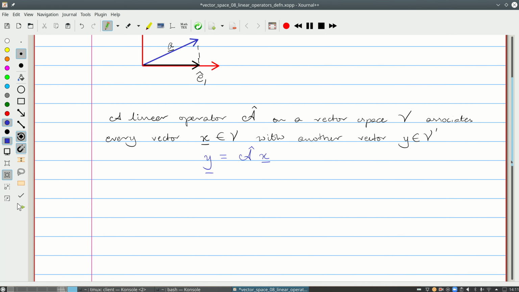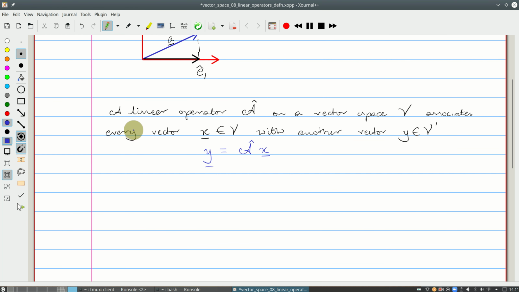Okay, now why is it called a linear operator?